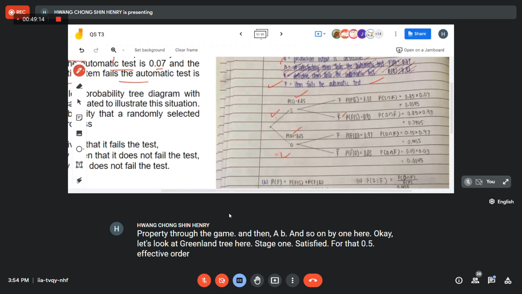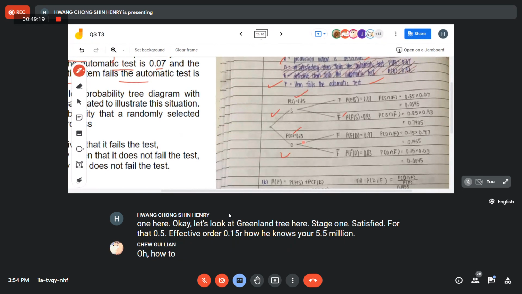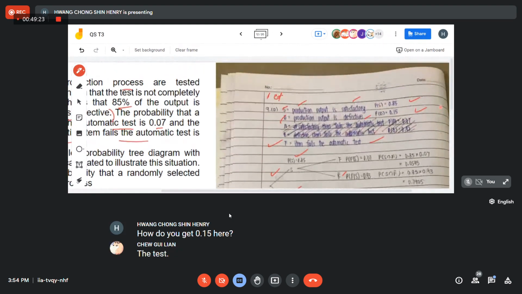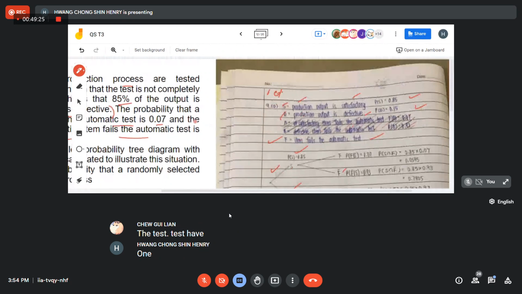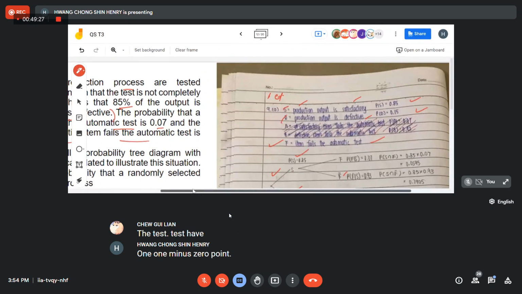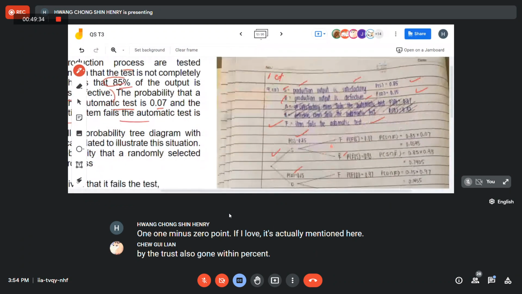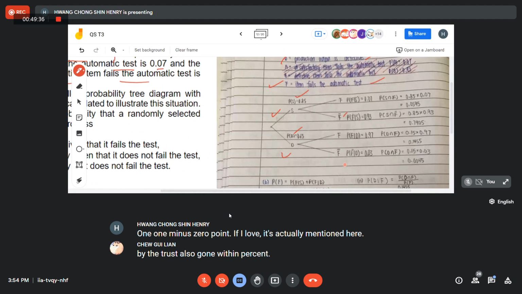How do we know 0.15? How do you get 0.15 here? The test has 1 minus 0.85. It's actually mentioned here, the test also has 15%. It's mentioned there, or you take the total 1 minus this. It's also given anyway.